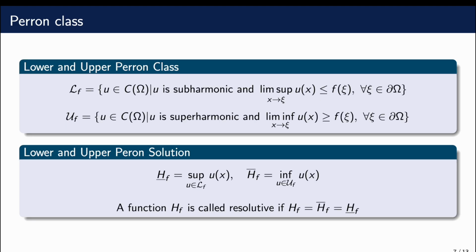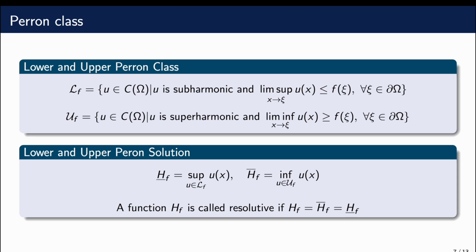Now that we've introduced both the sub and superharmonic functions, we can look at defining the Perron classes, which is what we use to then define the h that is used in defining the harmonic measure. I'll start with talking about the lower Perron class.